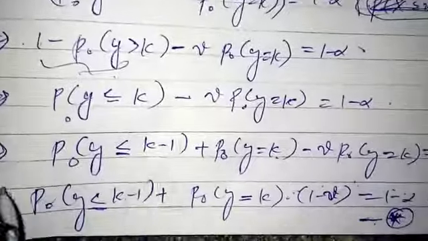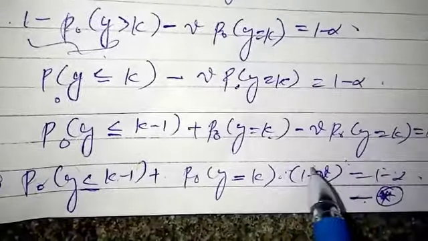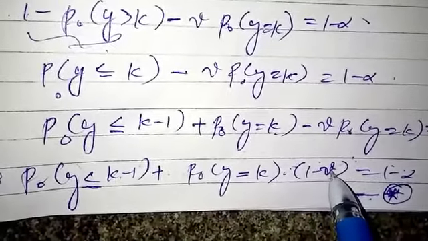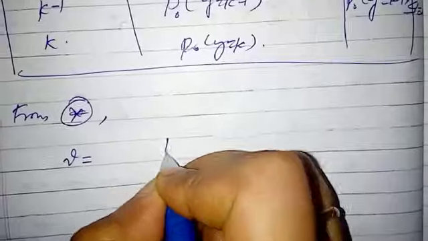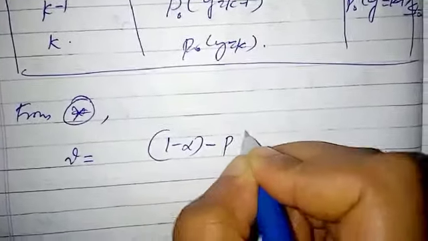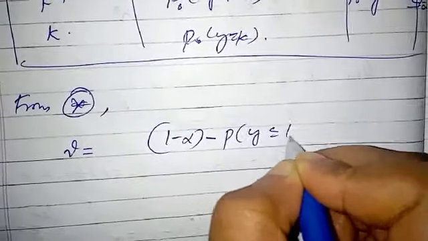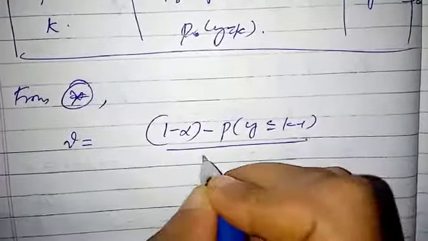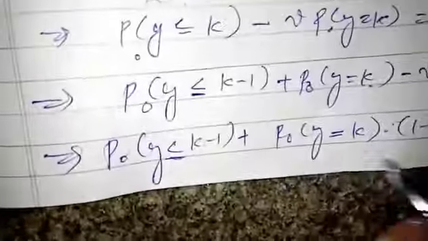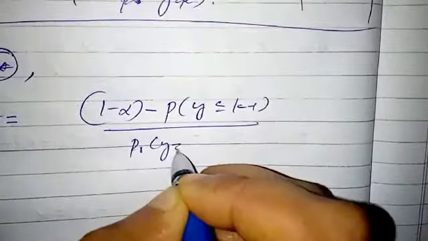Then rearranging the terms, gamma equals 1 minus alpha minus probability of Y less than or equal to k minus 1, divided by this term, that is p naught of Y equal to k.